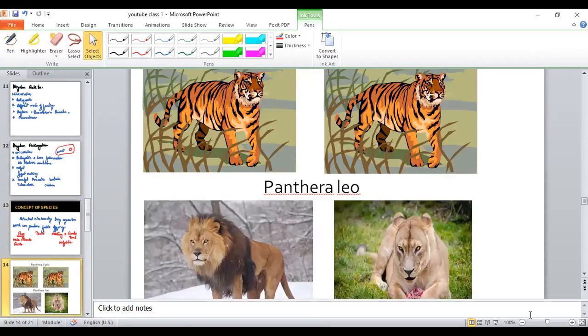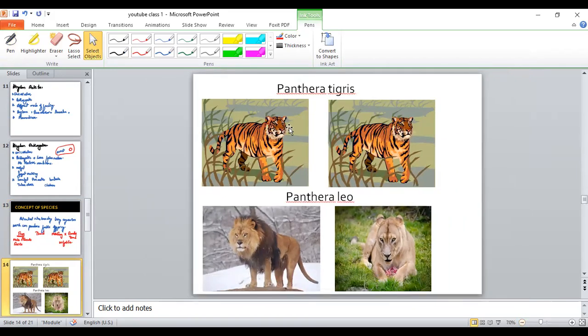For example, here I am giving you more examples. You can observe in this diagram, this is a tiger and this is a lion. Panthera tigris, Panthera leo. Although they are closely related, this tiger will mate with a tiger in order to produce fertile offspring, and this male lion mates with a female lioness in order to produce fertile offspring.